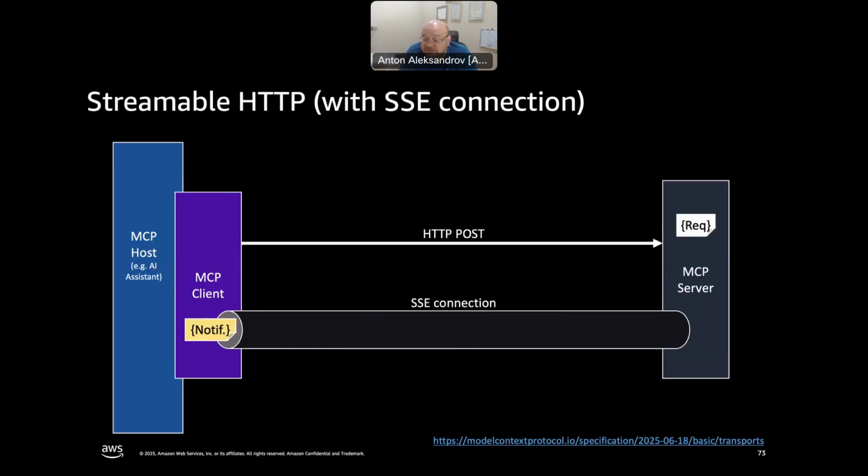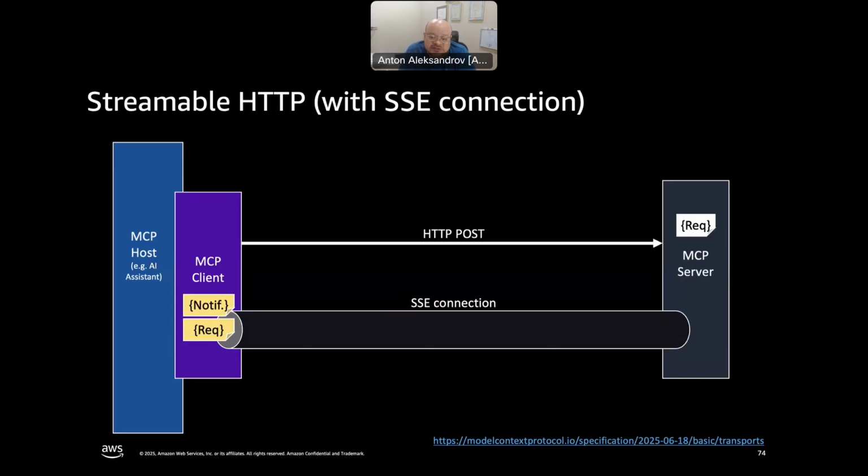And after some period of time, let's say the server realizes that it actually does not have enough information to process the request. It might need more input from the user, or it might want to make a request to the LLM through the client, right? Like the MCP host is connected to the LLM. So it will generate a request and send it to the client.